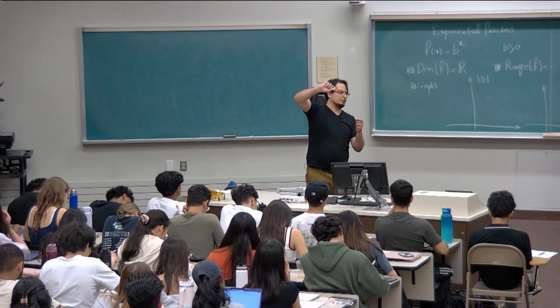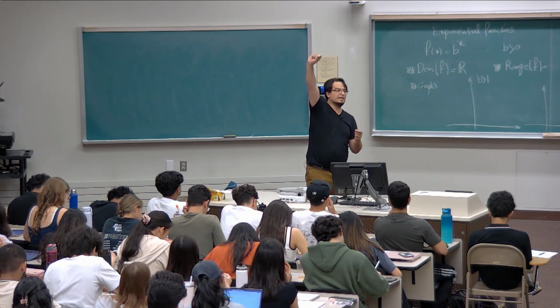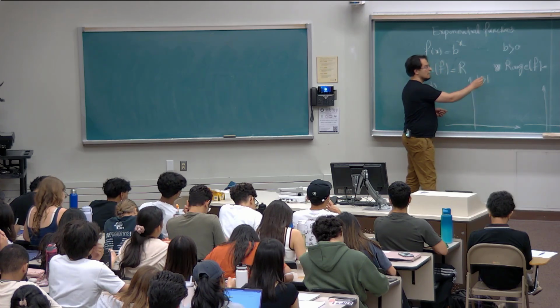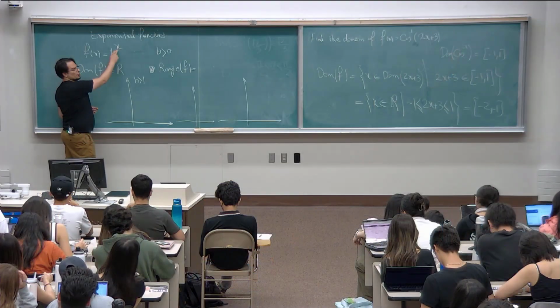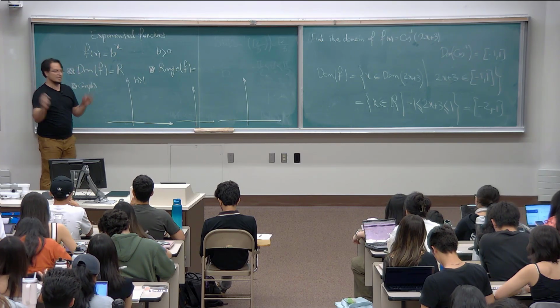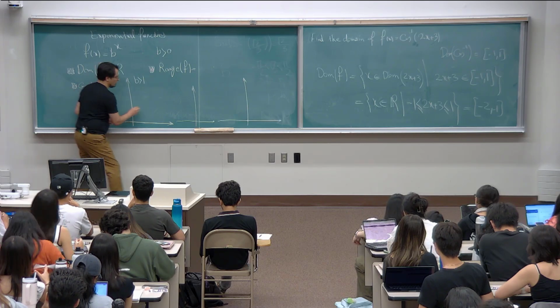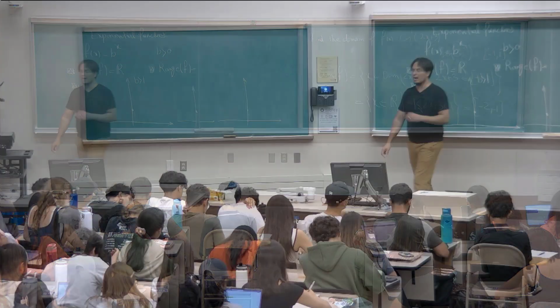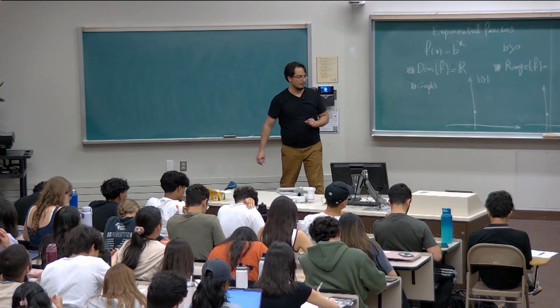As you increase the exponent, it will get bigger and bigger. In other words, it's going to be increasing. At x equal to 0, b to the power 0 is always equal to 1. So actually, all 3 cases are going to intercept the y-axis at 1.